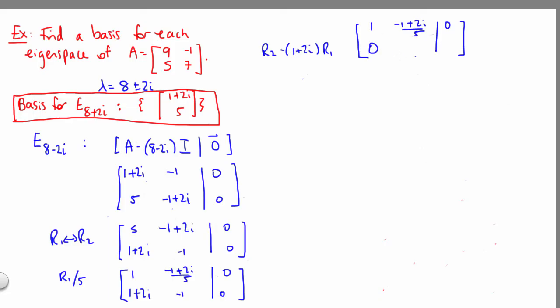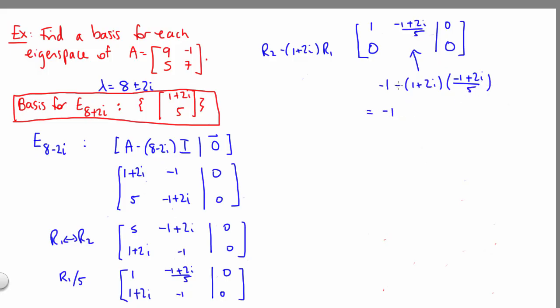That will give us 0, something, and 0 in the bottom row. So let's look at this something here.